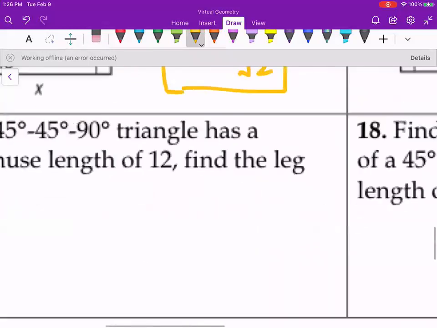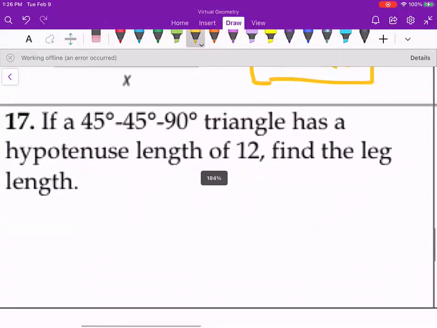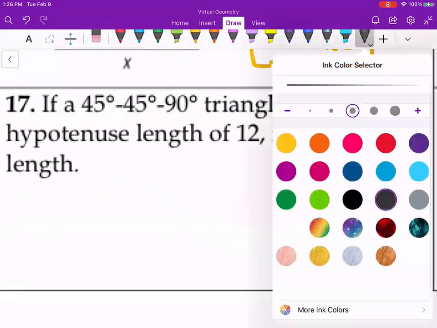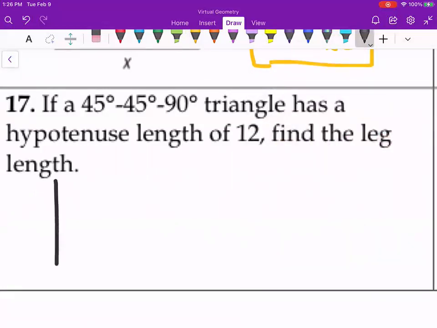We've got two word problems down here, both with a 45, 45, 90. So 17 says if a 45 degrees, 90 degrees triangle has a hypotenuse length of 12, find the leg length. So best thing to do, draw your triangle. Any kind of triangle you want.